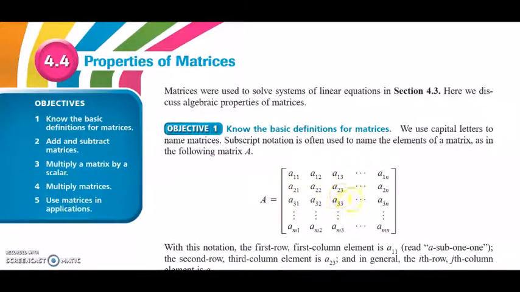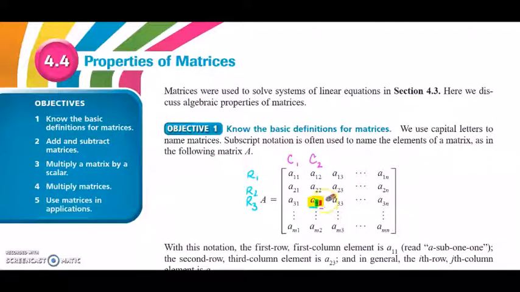So, for example, I'm going to dive down here for a minute. I've always written it as E for element, but they've named this matrix A, so each of the elements in that matrix is called A. And if you take a look at this number and this number, we can see here that this is row 3 and column 2.